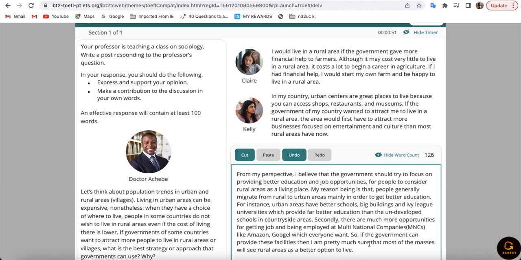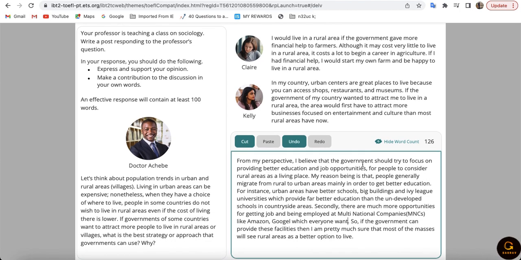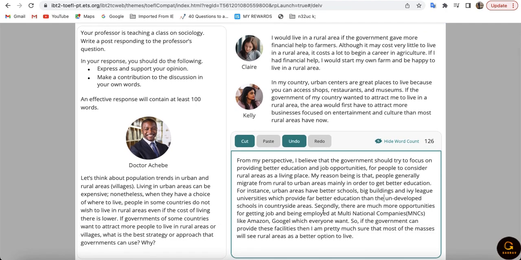Okay, so I will proofread it. From my perspective, I believe that the government should try to focus on providing better education and job opportunities for people to consider rural areas as a living place. My reason being is that people generally migrate from rural to urban areas mainly in order to get better education. For instance, urban areas have better schools, big buildings, and Ivy League universities which provide far better education than the undeveloped schools in rural areas.